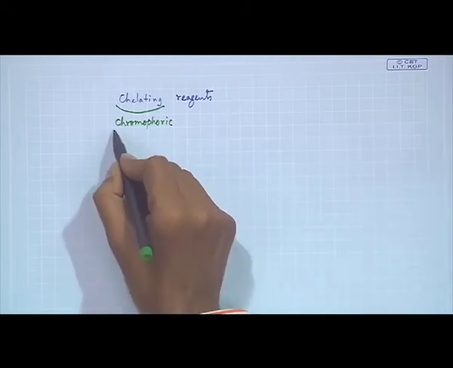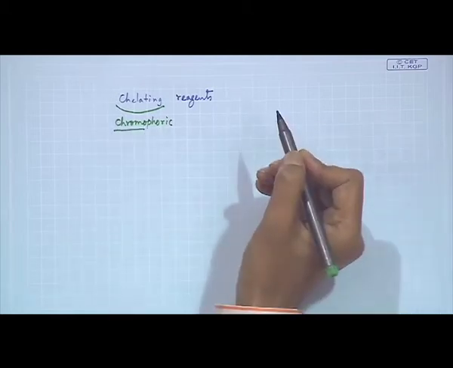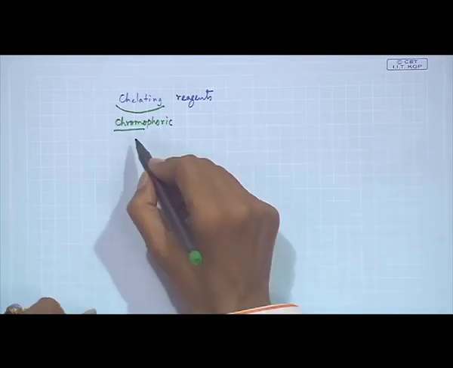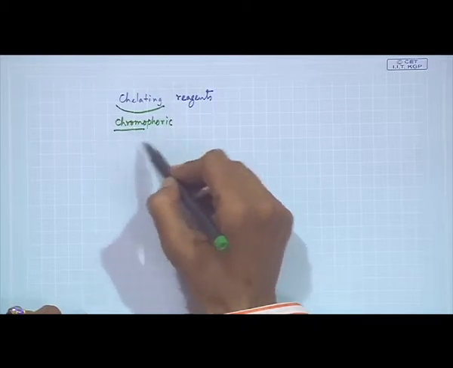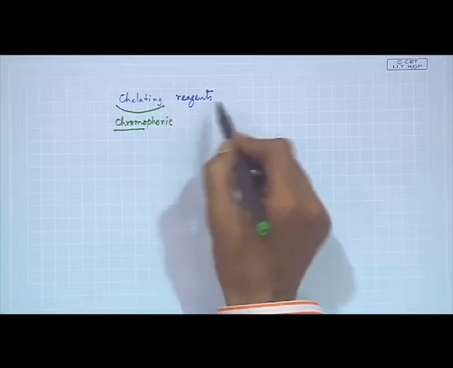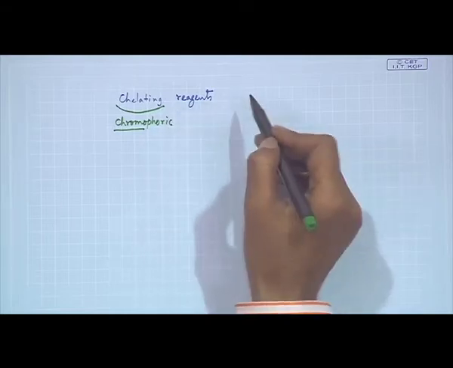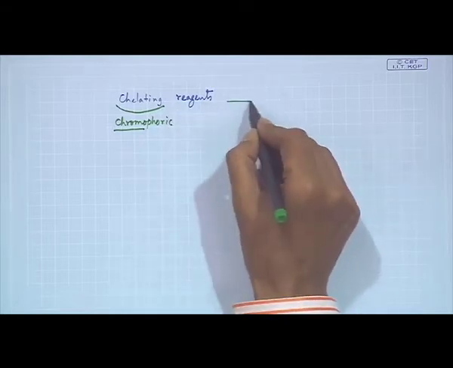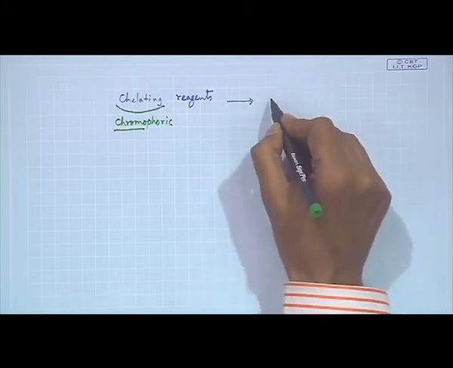Once we utter this term, it means it should have something where the chromophore can take part in this particular reaction. So, these chelating reagents can also be useful for your typical absorption of color.